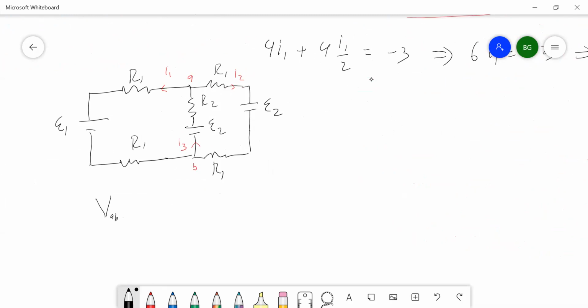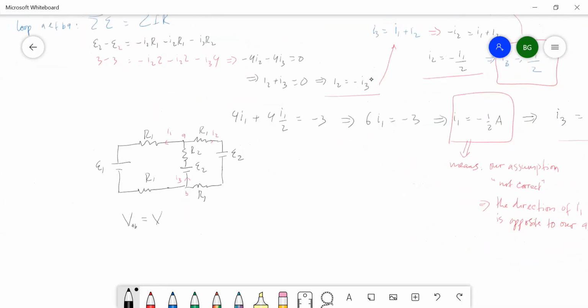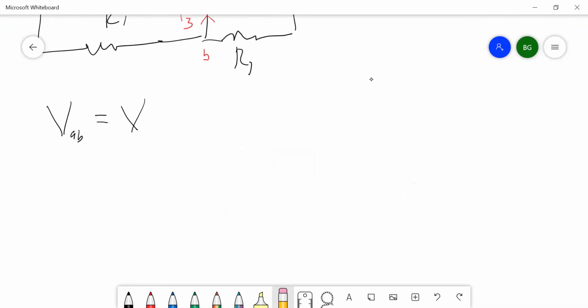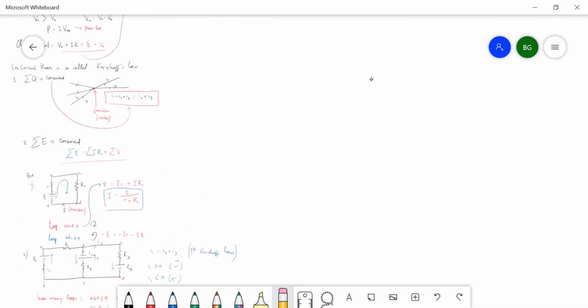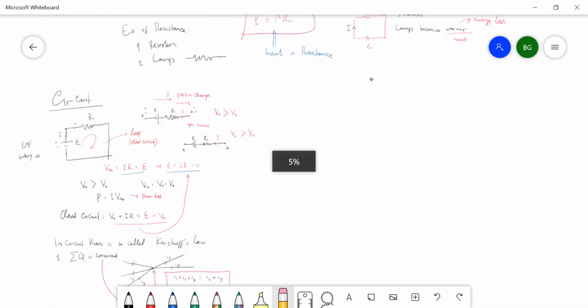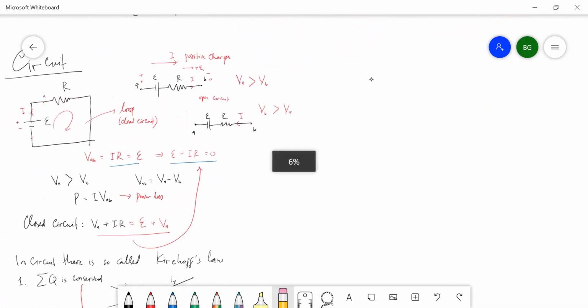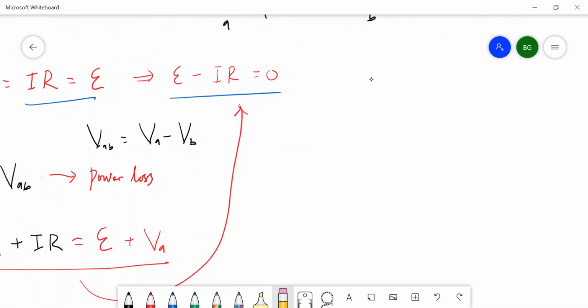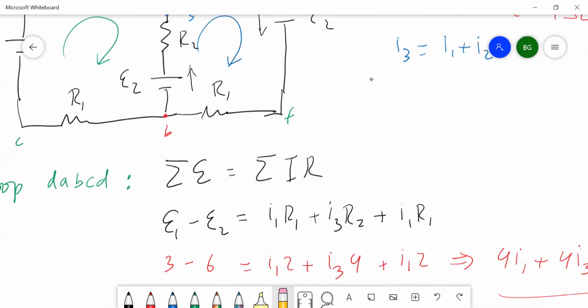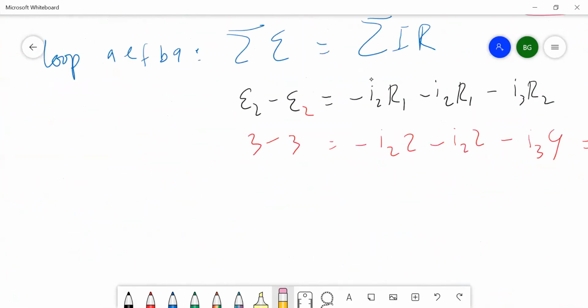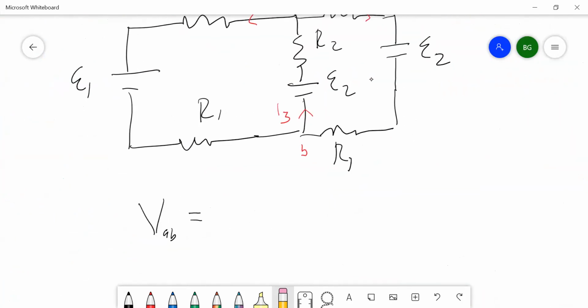I said that VAB is VA minus VB, or the other way around. VAB is VA minus VB. How about this one?